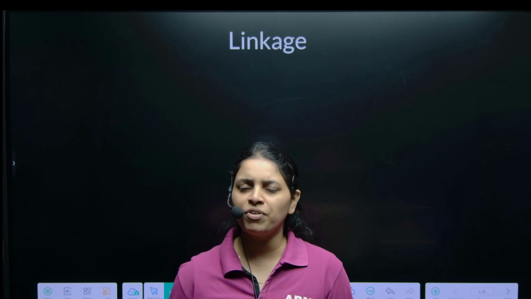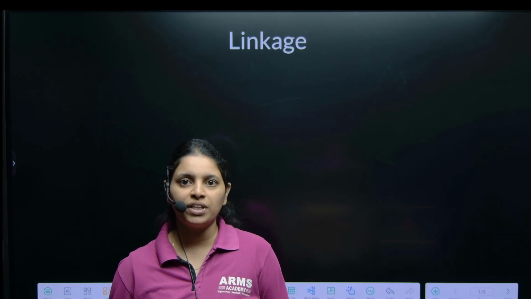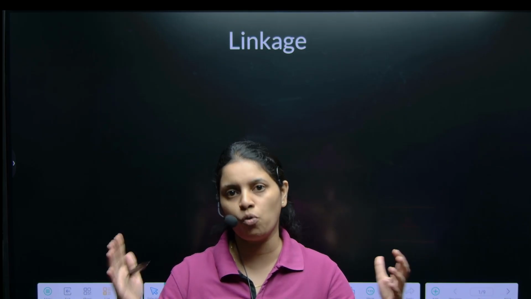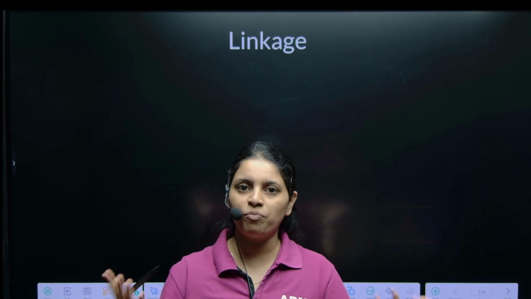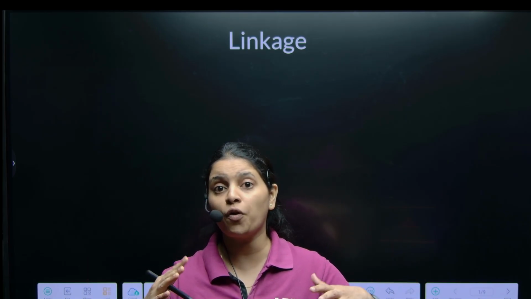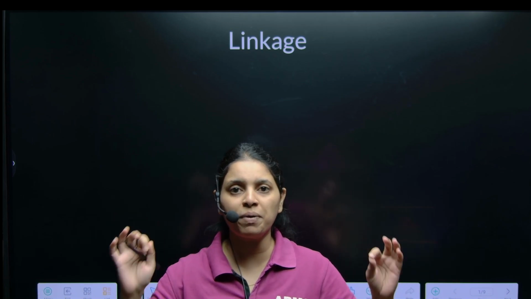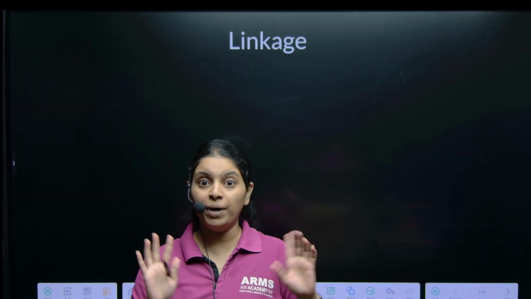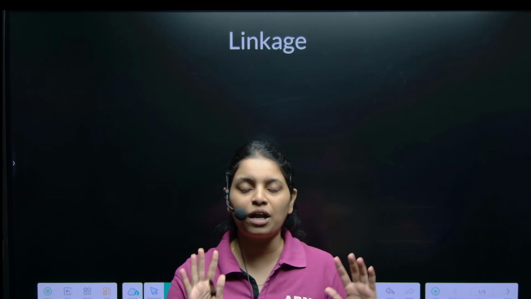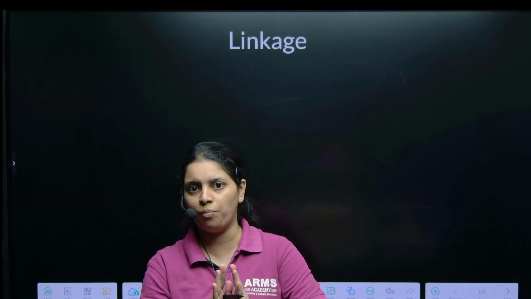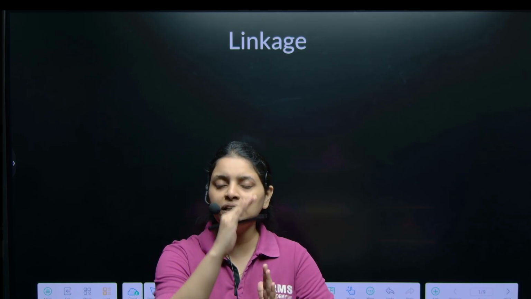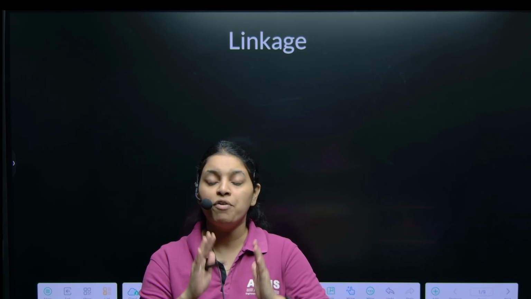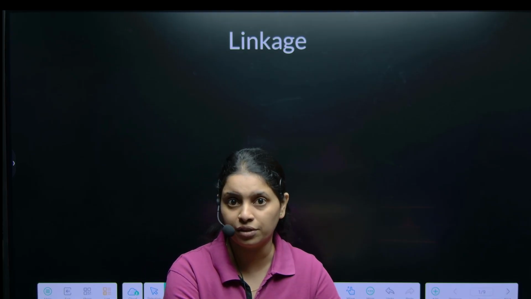Okay. So first, what is linkage? Now, see, if genes are present on two different chromosomes, then obviously as different chromosomes assort independently, the genes present on different chromosomes will also assort independently. But if the genes are present on the same chromosome, all the genes present on that particular chromosome will get inherited together.